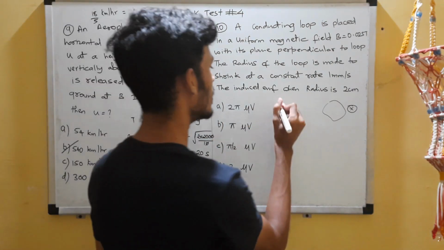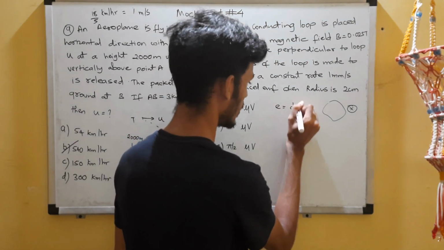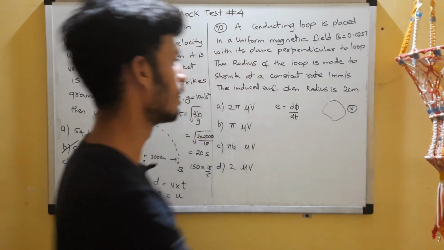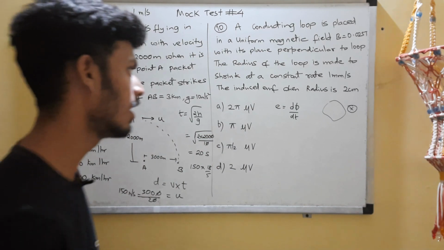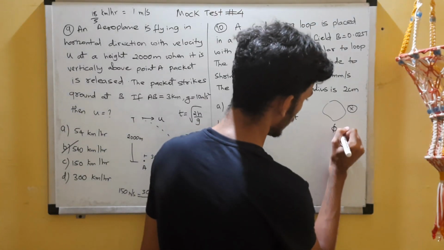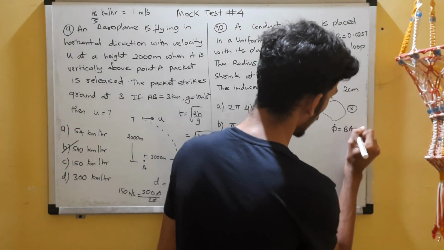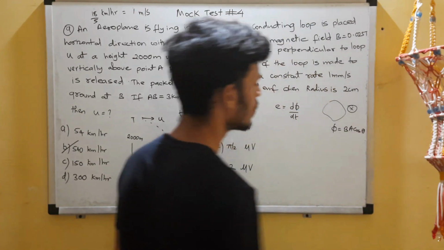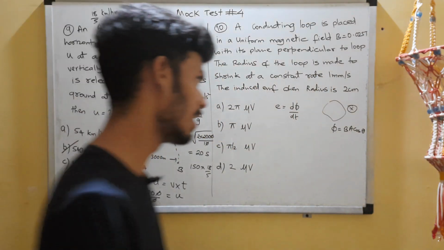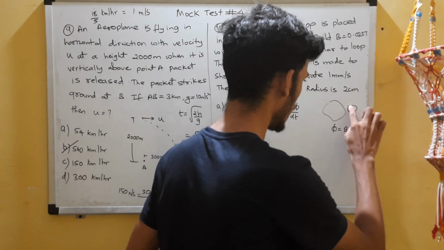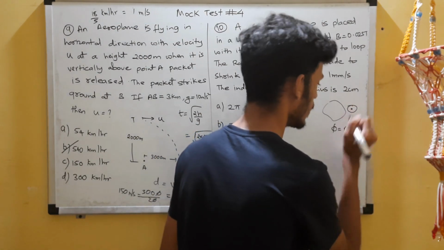So induced EMF is basically the rate of change of flux, right? d phi by dt. Okay, so first we'll have to find the rate of change of flux. Flux is basically B dot A, right? B A cos theta. So theta, if you see, we'll take the magnetic field in the outward direction, just for simplicity.